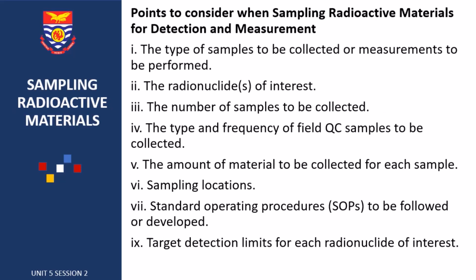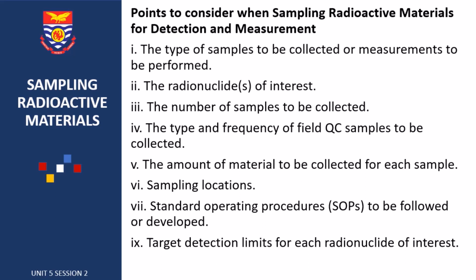Let's look at the points to consider when sampling radioactive materials for detection and measurement. So we must look at the type of samples to be collected or measurements to be performed, and this will influence what kind of detector to use.